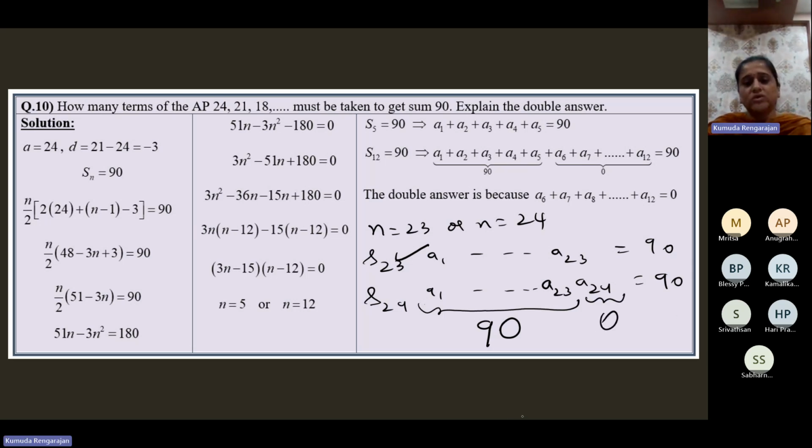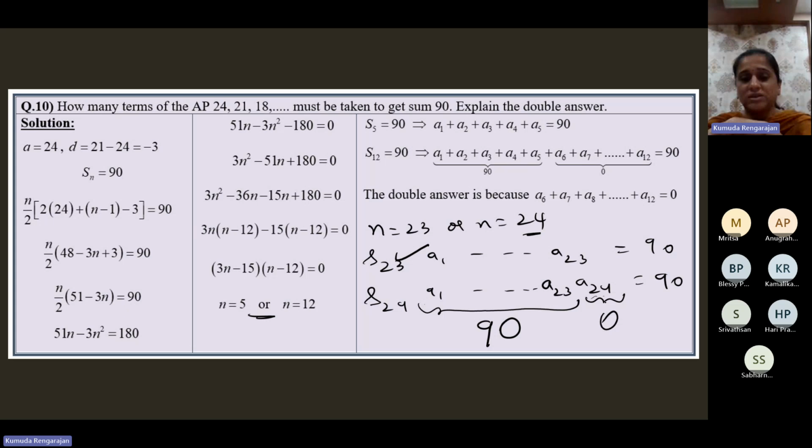So when the two values for n are consecutive numbers, then that greater number, A24, is 0. The reason for the double answer will be, like in this example, the 24th term is 0. In the earlier case, we say the sum of the terms from something to something is 0. Here we say a particular term is 0.